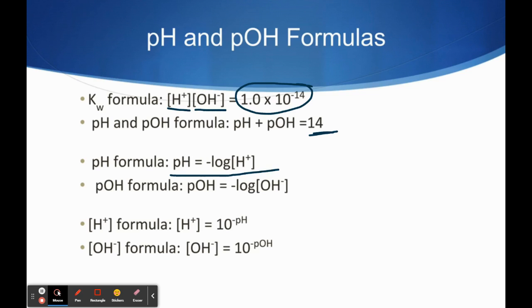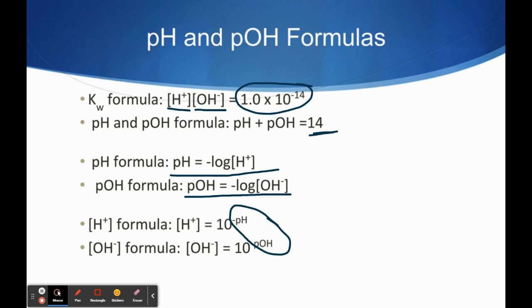If you have the OH- concentration and you put that into the negative log of the OH- concentration, that will give you the pOH. Then if you have pH or pOH, you would do 10 to the negative pH or pOH, and that would give you the H+ and the OH- concentrations respectively.